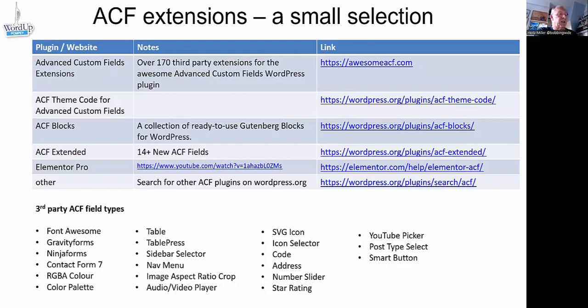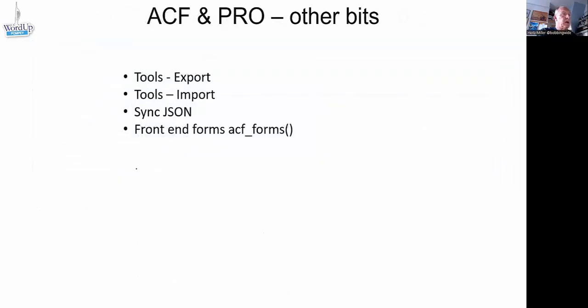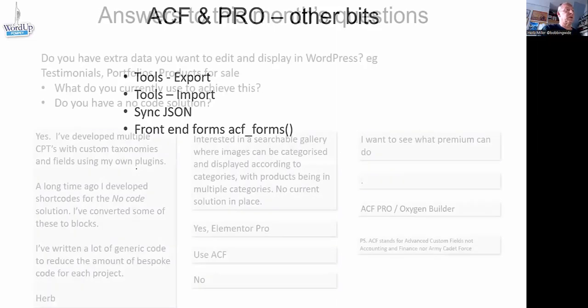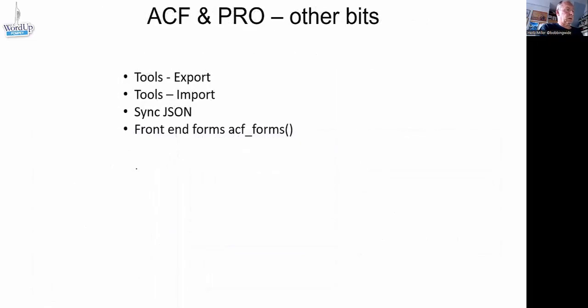And if you want to find other ACF plugins, just go and do a search on WordPress.org for ACF. And then there's other bits, the export and import, synchronized JSON I mentioned briefly, and then the front-end forms, which I haven't played with. So I'm going to go back to my browser now.